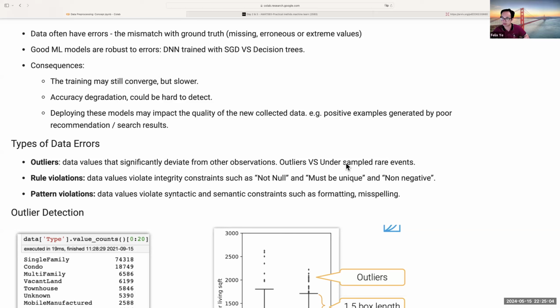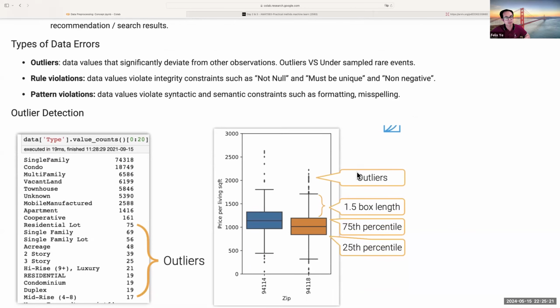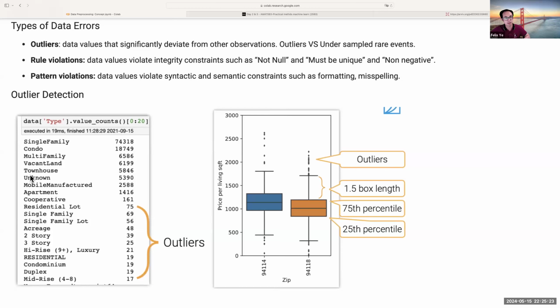For example, in house price prediction, we are not interested in predicting house prices outside of the normal range. We are interested in predicting housing within these ranges. This is something we already talked about in our EDA.